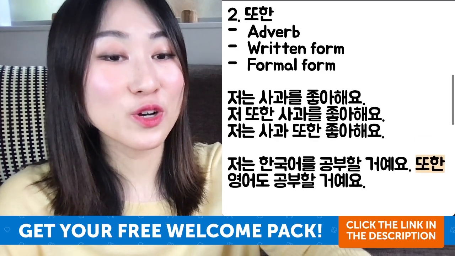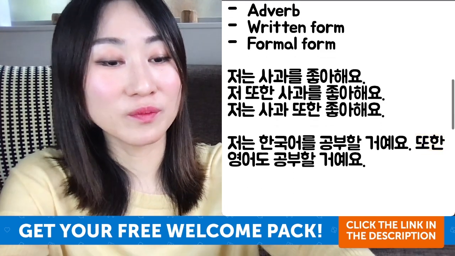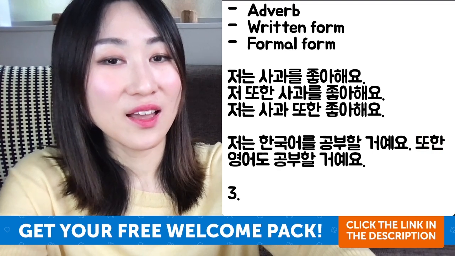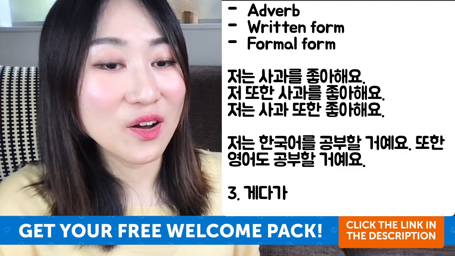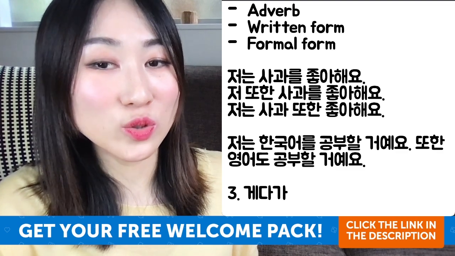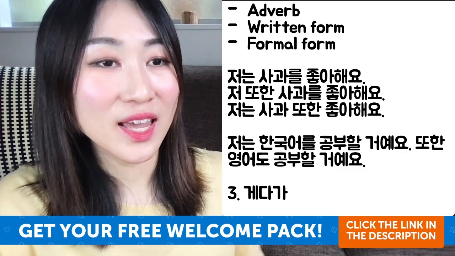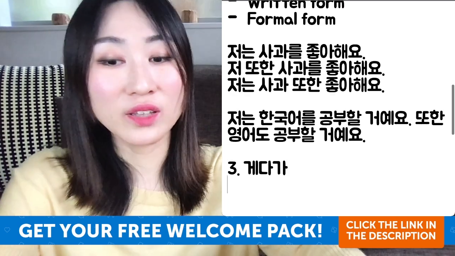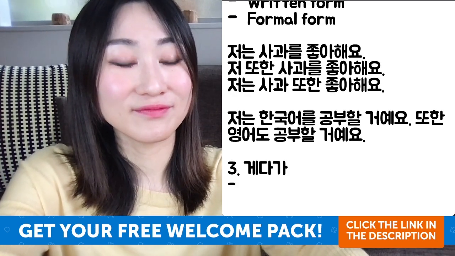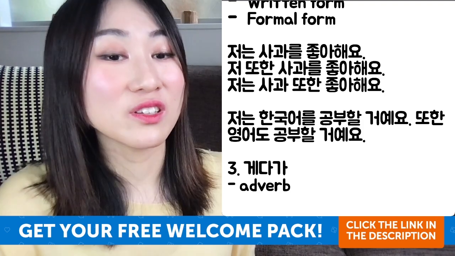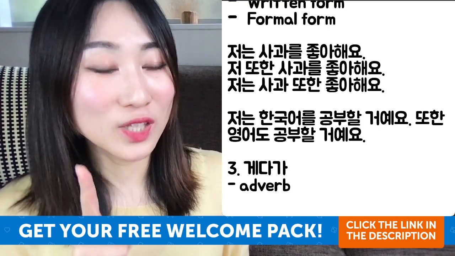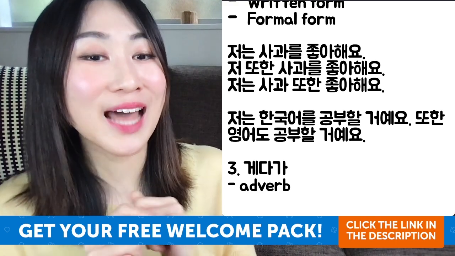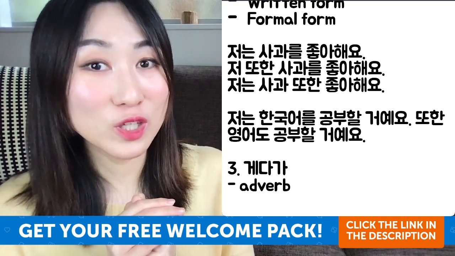And the third one, let's talk about the third one. 게다가. Well, it also means also. And this one is also an adverb. If it's an adverb, you always need a space, right? You do not stick it to a noun. So how can we use it?